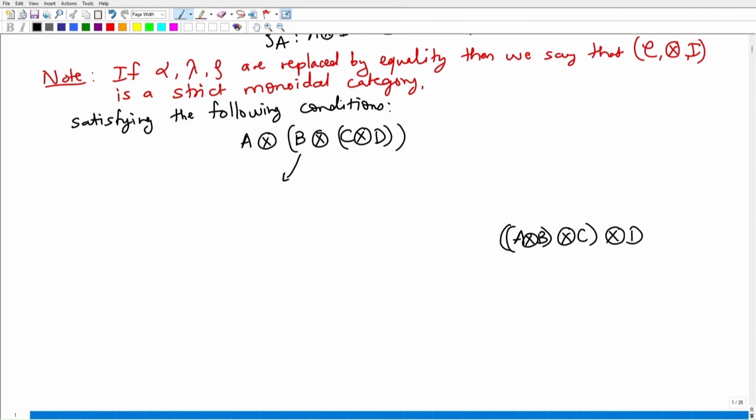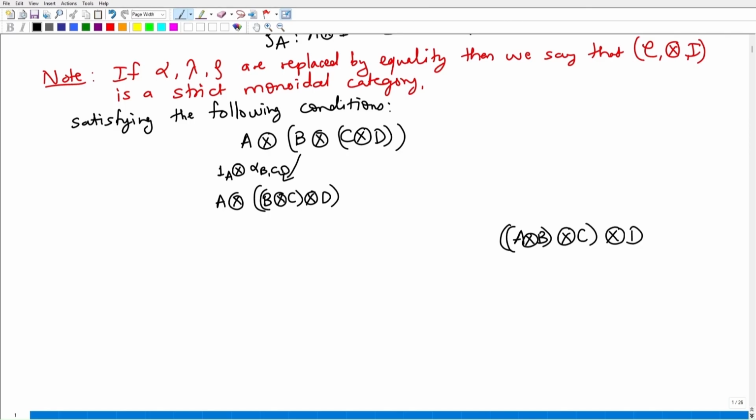So let me write that. So 1 sub A tensor alpha B C D. Okay, and this is going to A tensor B tensor C tensor D. Okay, then what is meant by tensoring of morphisms? It's just preserving the same thing. I mean, is a universal property involved?